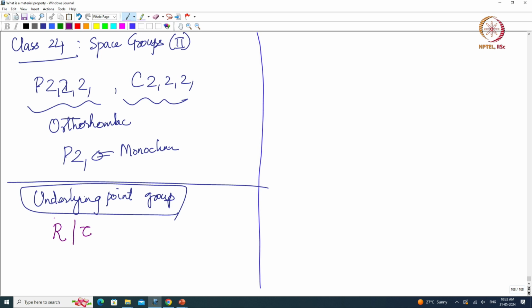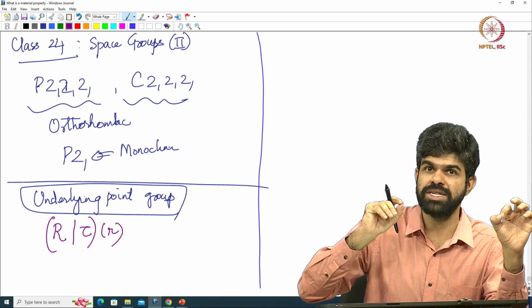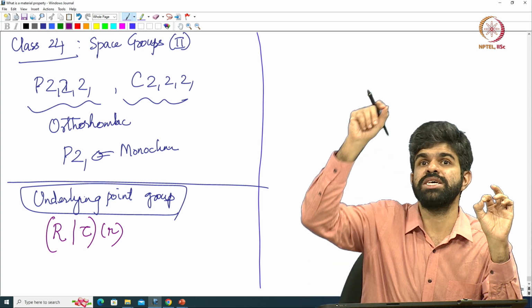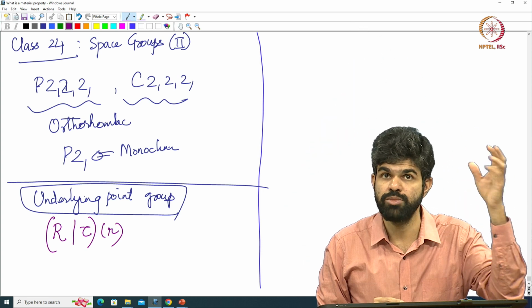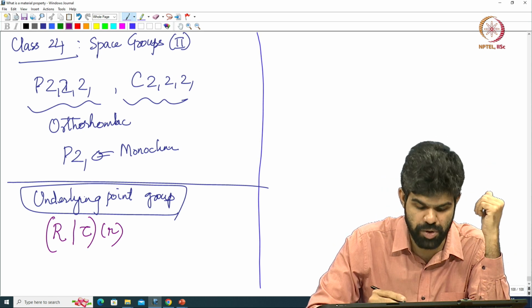What is the space group operation? R|tau operated on any point r can generate for me the other points, other points where I can put my motif, or other symmetry points.